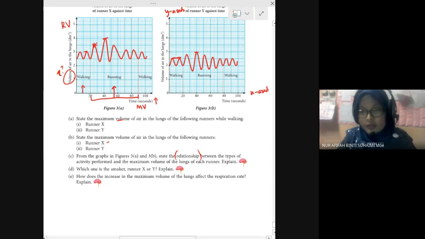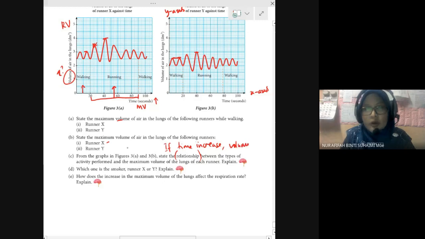So if there's question about relationship, so you just take if atau or when or as. If time increase, volume of air in the lungs, what happened? Of each runner. So each runner must have two relationship and explain.